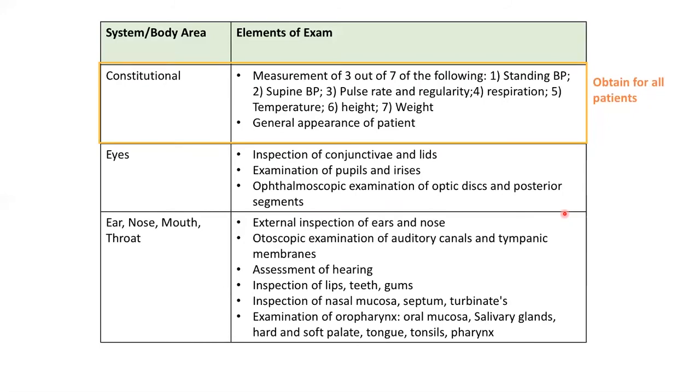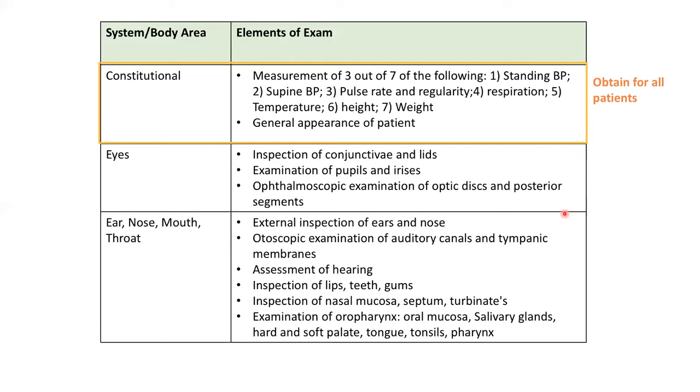Now, generally, you'll get a point for inspection, you'll get a bullet for palpation, you'll get a bullet for percussion, and you'll get a bullet for auscultation in each different organ system. There may be separate bullet points if you are performing that component on different structures within that organ system.